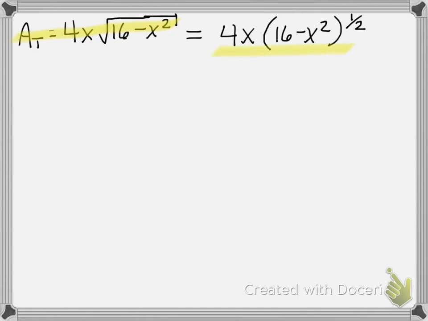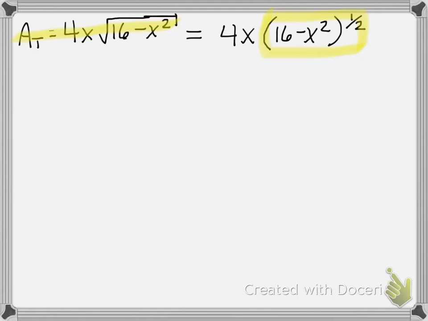And as you can see, the only thing that has changed is, instead of the square root of 16 minus x squared, we now have 16 minus x squared raised to the 1/2, because when you take the square root of something, it's basically just raised to the 1/2 power, and that'll make it a whole lot easier to work with when we start to take the derivative.